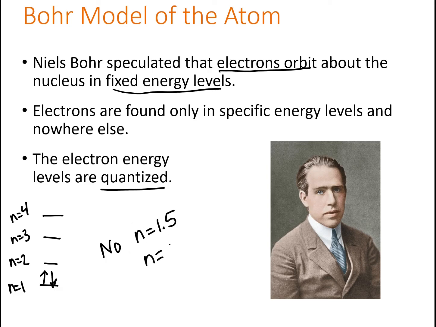There's no n equals 2.7, okay? We're talking about whole numbers here. So that doesn't exist. Electrons are only found in these specific energy levels, and in order to move up or down, they need specific amounts of energy, and we call that quantized energy or quantized energy levels.